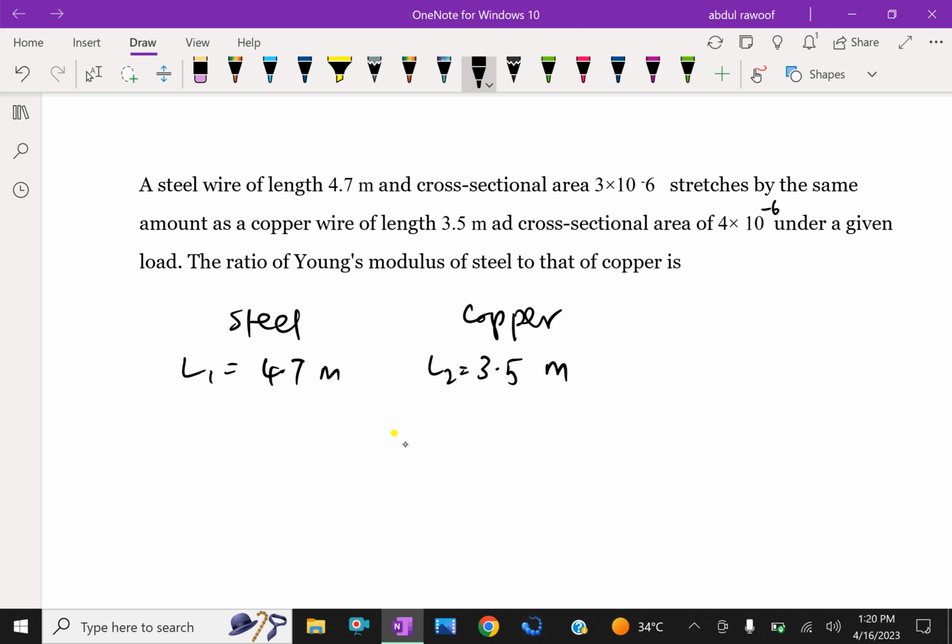Cross area of copper is 4 into 10 power minus 6 meter square, the same amount of wire stretch under a given load.